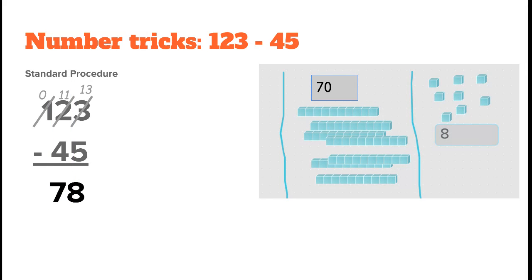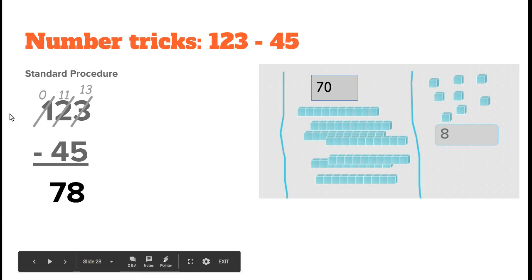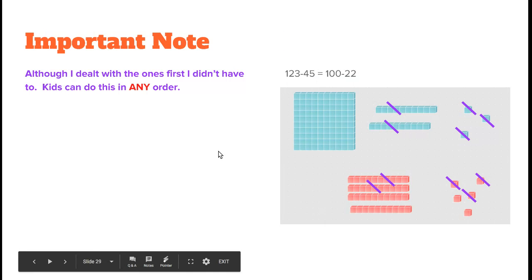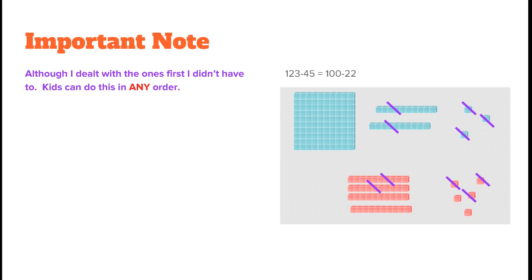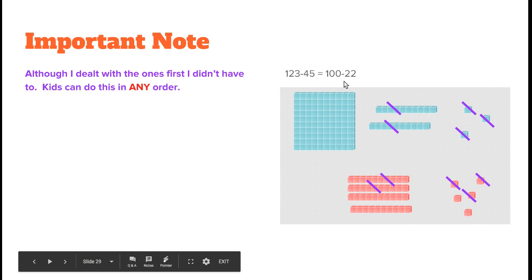Now again, I started from right to left in this just because I wanted to match it up with my standard procedure. However, it's really important to note that I can do this in any order. I could actually pair up my tens and all the ones that I've got before I even start the operation. And so that changes my operation from 123 minus 45 to 100, because there's just the 1 100, 0 tens, 0 ones, minus 2 tens, 2 ones, 22.